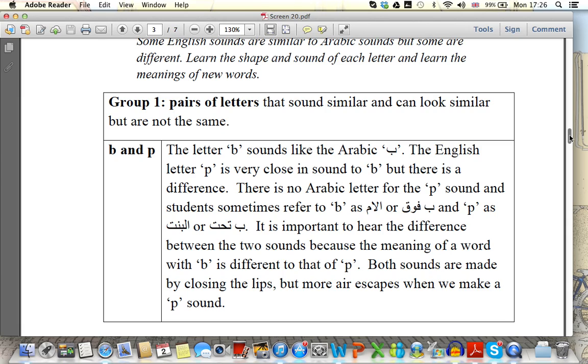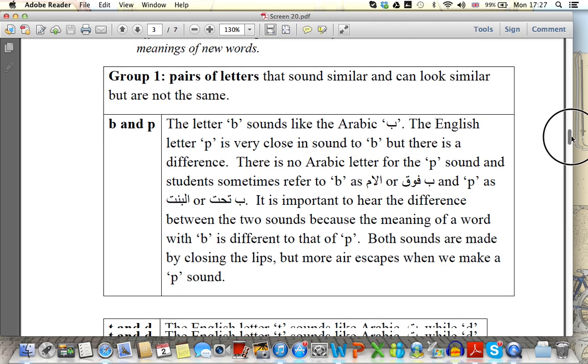Now the letter b is similar to the Arabic b. There is no p in Arabic, and therefore it can be quite problematic sometimes in the way people hear it and pronounce it and spell it.